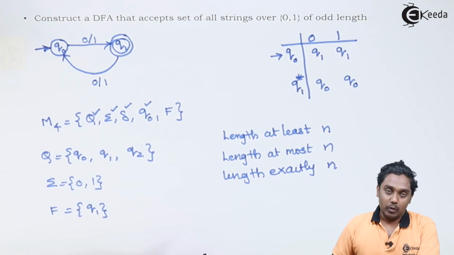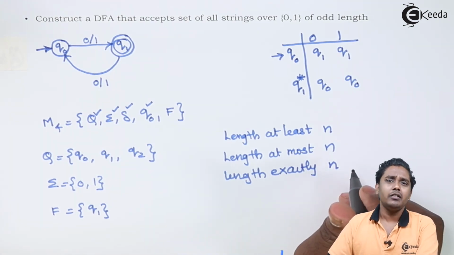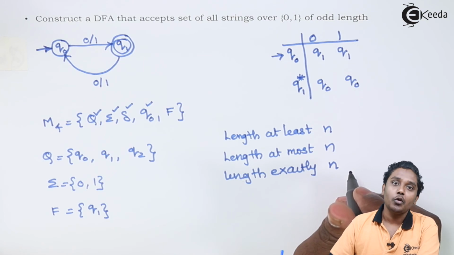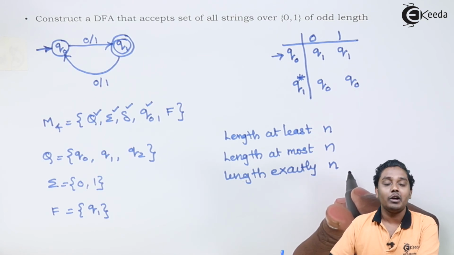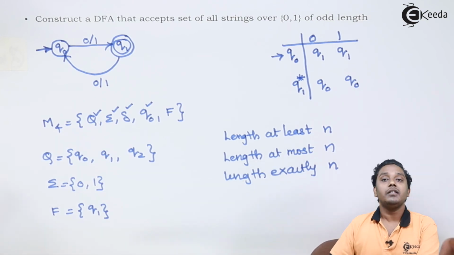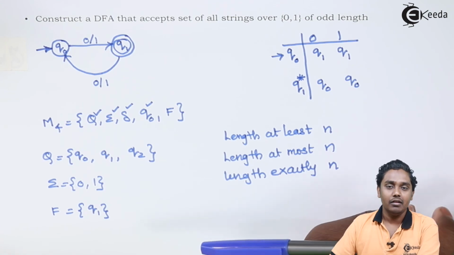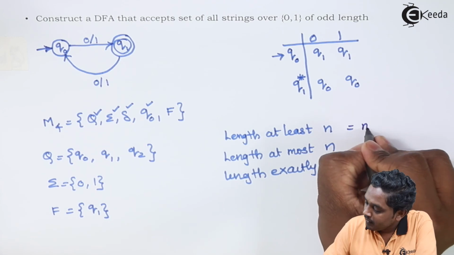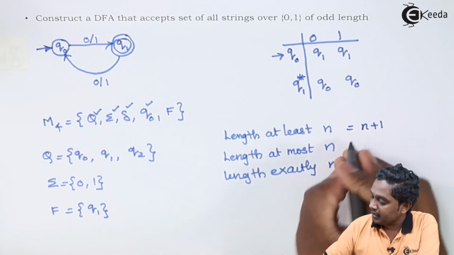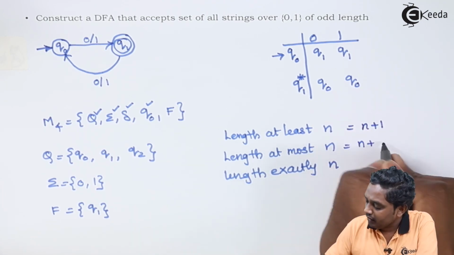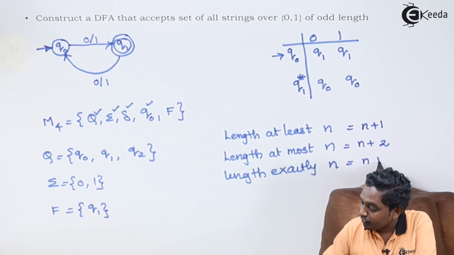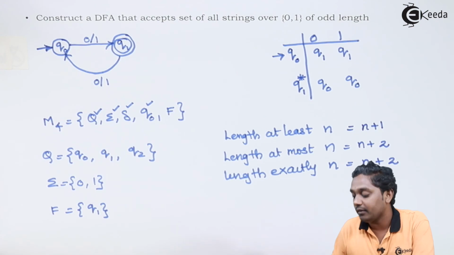How many states are required? We have seen that with length at least 3 it was 4 states, and 5 states for at most 3 and exactly 3. Similarly, for a length n, we will have n plus 1 states for at least length n, n plus 2 states for a DFA having at most n, and n plus 2 states for a DFA having exactly n.